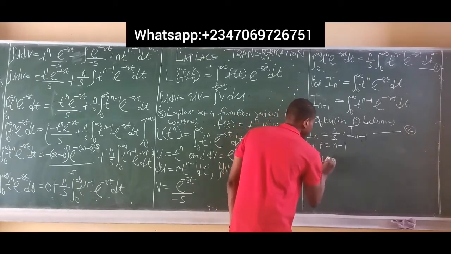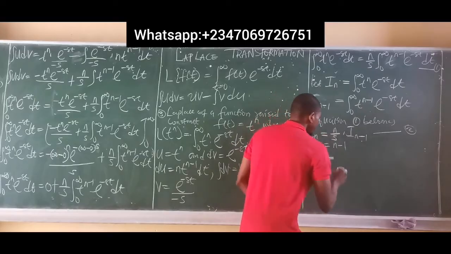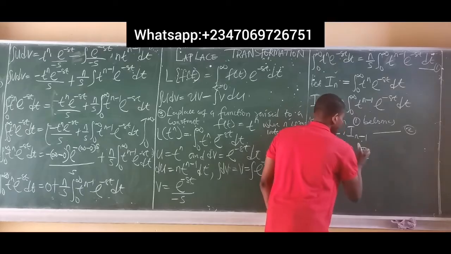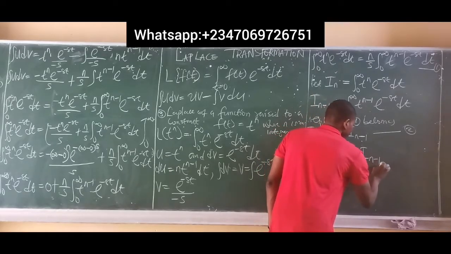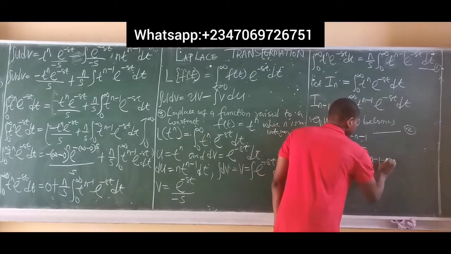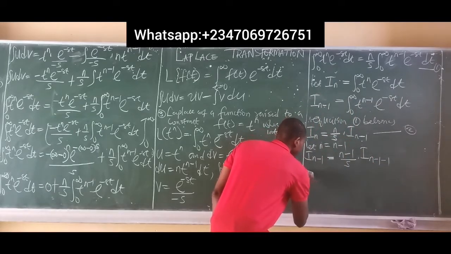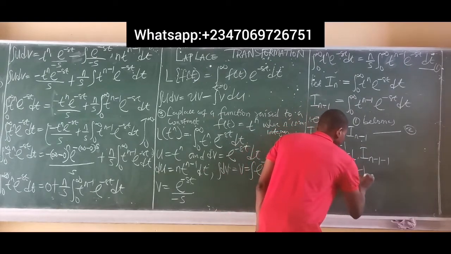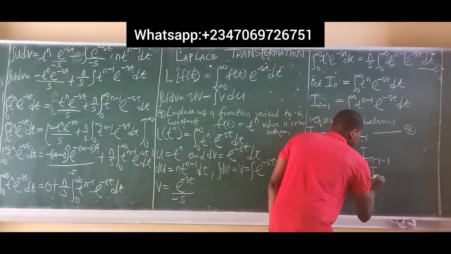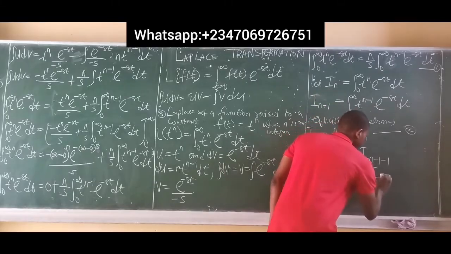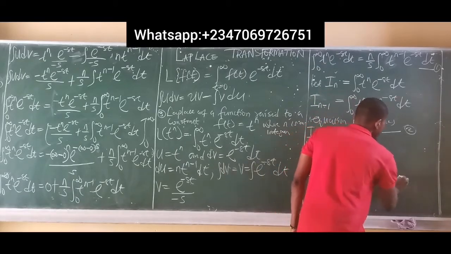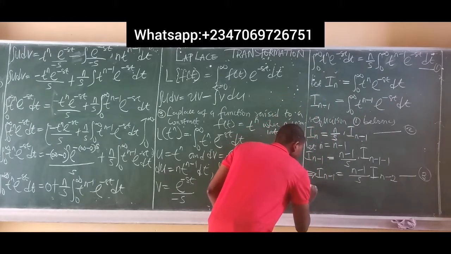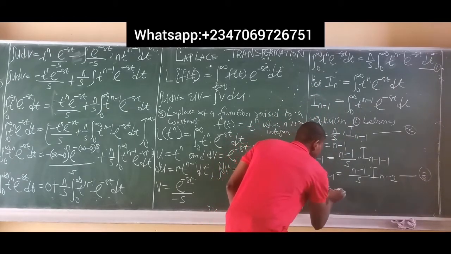In place of I sub n, it becomes I sub n minus 1, and this is equal to, in place of this n, n minus 1 all over s times I, not forgetting there is a minus 1 here. So this simply implies that I sub n minus 1 is n minus 1 all over s times I sub n minus 2. Call this equation 3. Let's also continue like that. Let n be also equal to what?